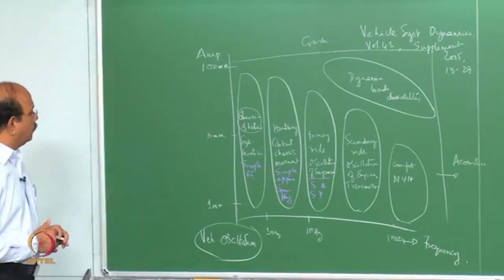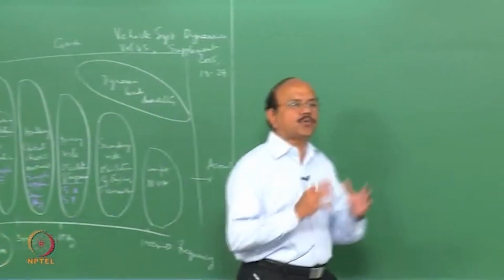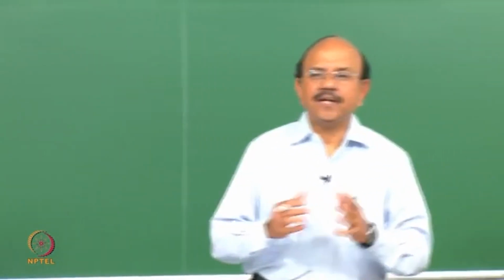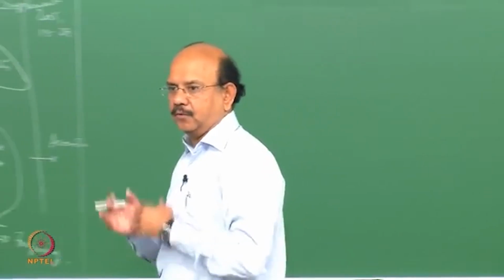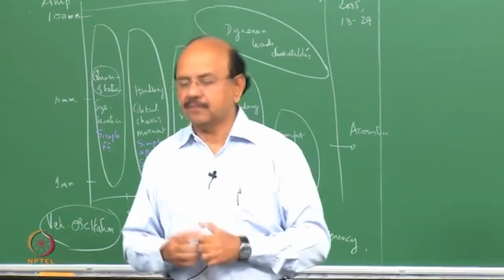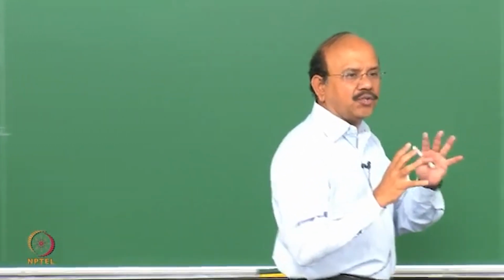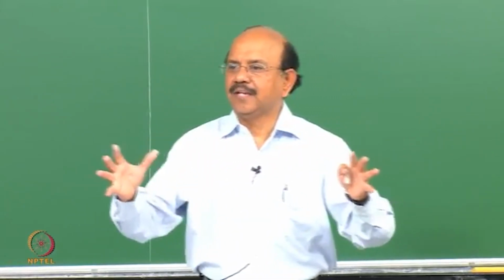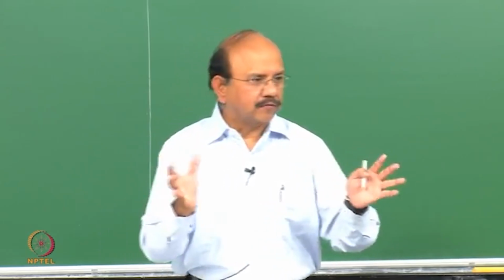Now, at the lowest end, we look at what are called quasi-static models, where we study the suspension kinematics. You had studied, for example, four-bar linkages and so on in your earlier class on mechanisms. So you use that kind of concept to understand what happens when you give a steering input, how the steering linkages move, what arc it covers, and all those kinds of things.